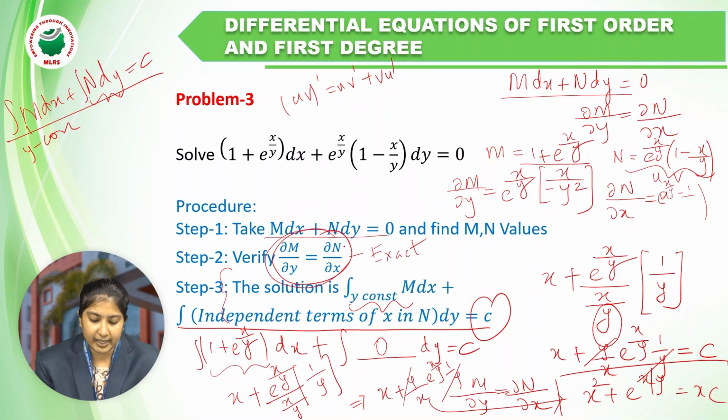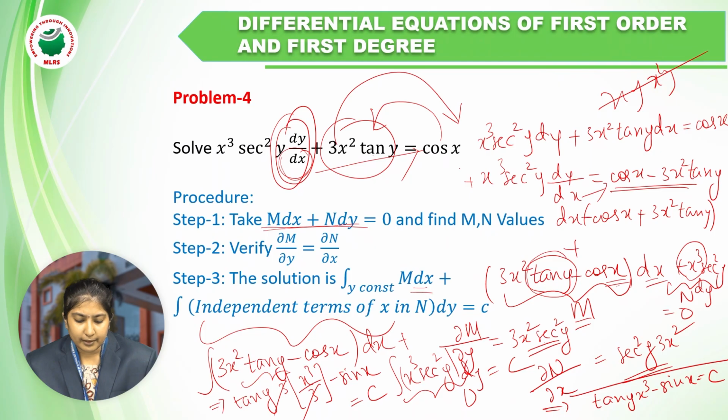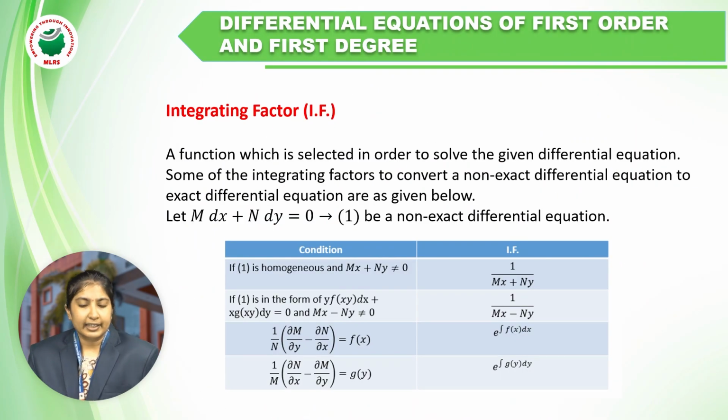If this condition fails, then there is no point of finding the solution, because it does not accept. That is not the way we do the problem. It is mandatory that you should go through the exactness hurdle. Only then you can find the mountain called solution, right? Now, discussing further, we have the integrating factor.